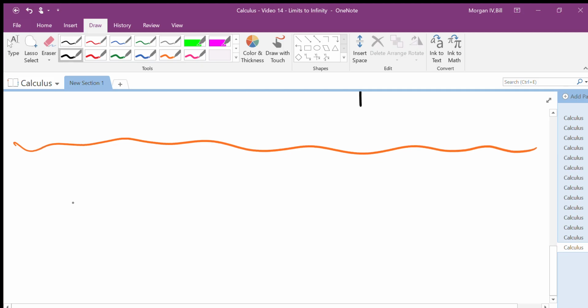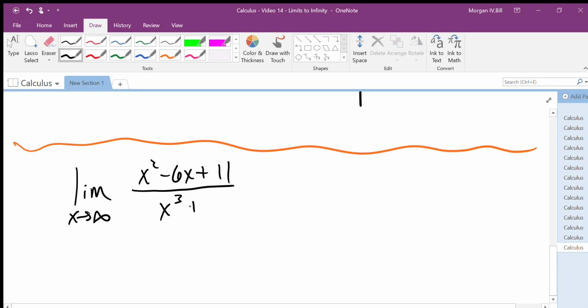Let's consider this one, the limit as x goes to infinity of x squared minus 6x plus 11 divided by x cubed plus 1. Okay, so again, you're picturing x getting really, really big. If x gets really, really big, let's say 1,000 or 1,000,000, whatever, 1,000 squared is much larger than 6 times 1,000, and it's much larger than 11.